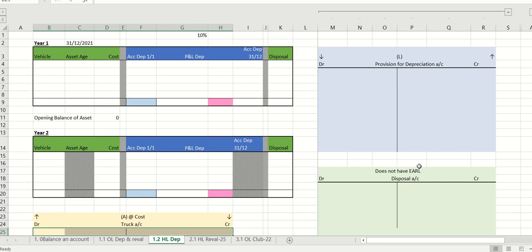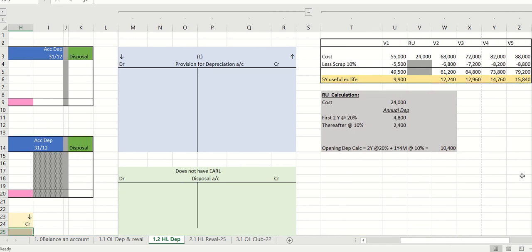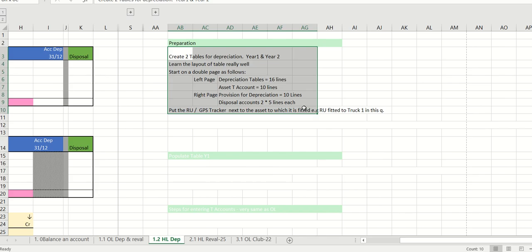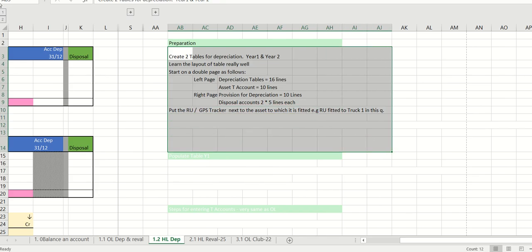In this particular question that we're doing, we also needed to do another little table in order to calculate. We had to exclude our scrap when we were calculating the depreciation. So you needed another little extra table. So read your question really carefully when you start, and then lay it out accordingly.